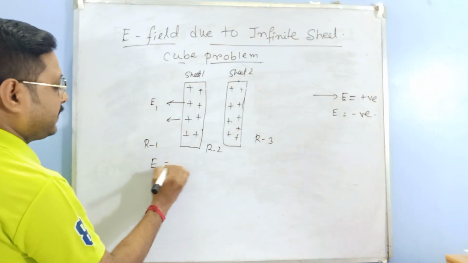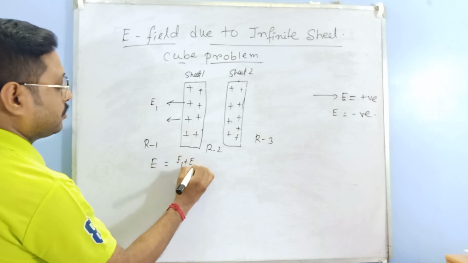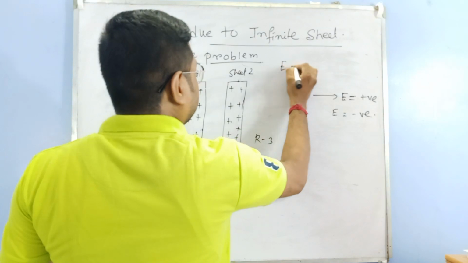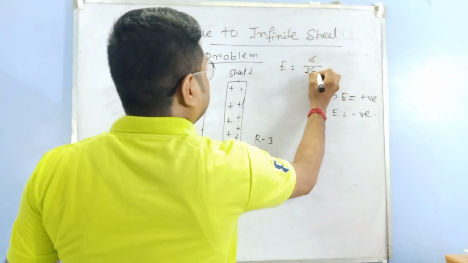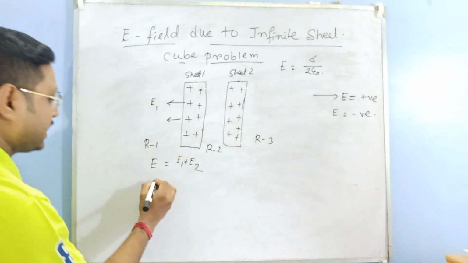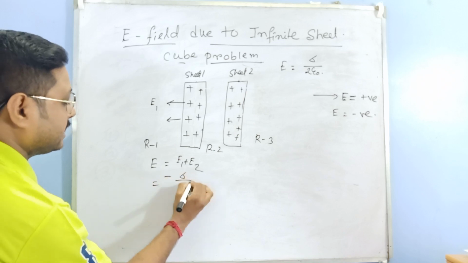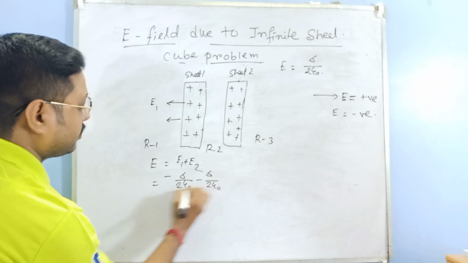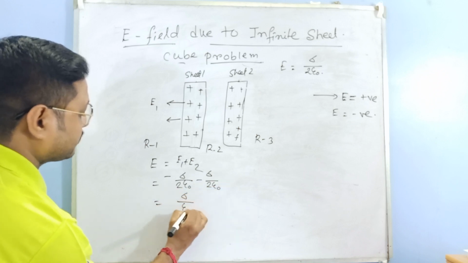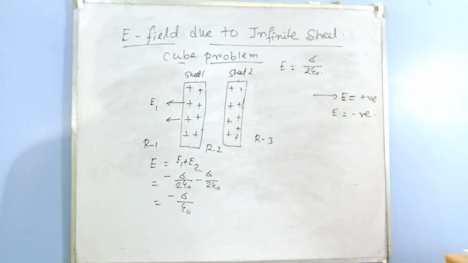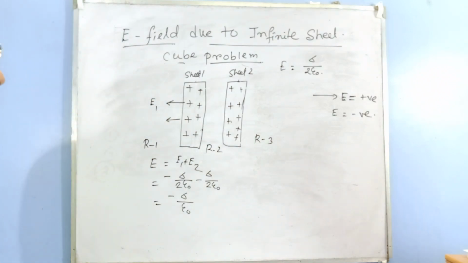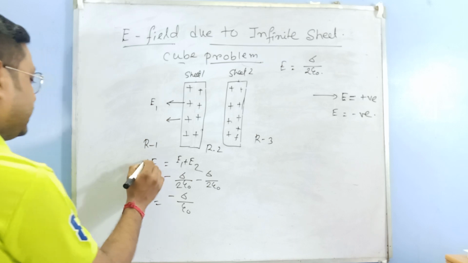So the total electric field E becomes E1 plus E2. This is considered to be region 1. We know that E equals sigma upon 2 epsilon naught, but as it is on the left side, the direction is minus sigma upon 2 epsilon naught minus sigma by 2 epsilon naught, that is sigma by epsilon naught with a negative sign. So this is in region 1.